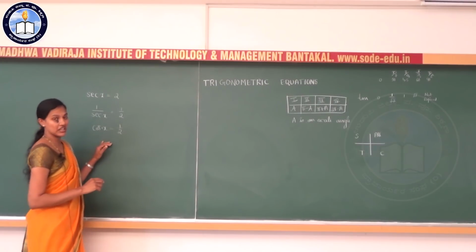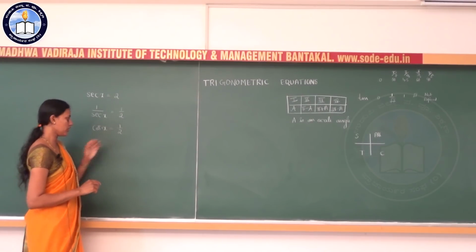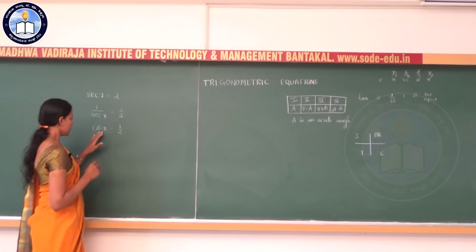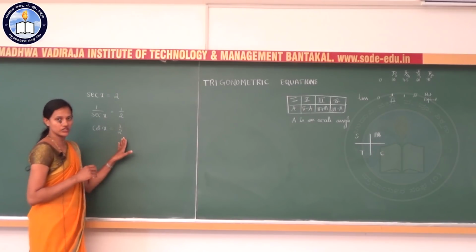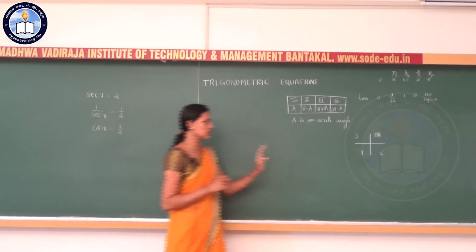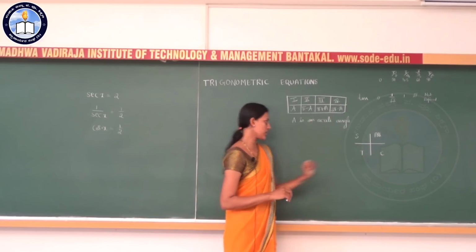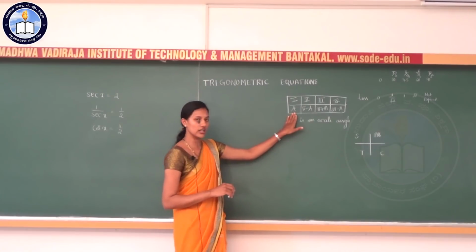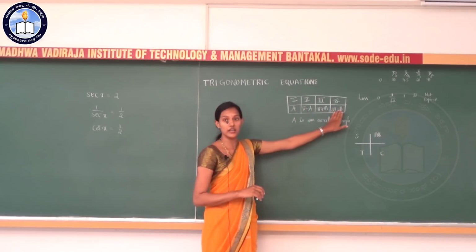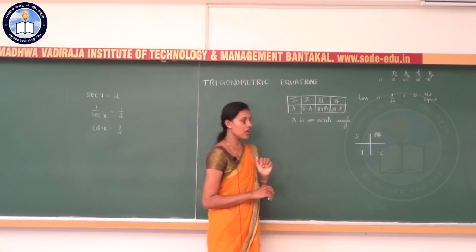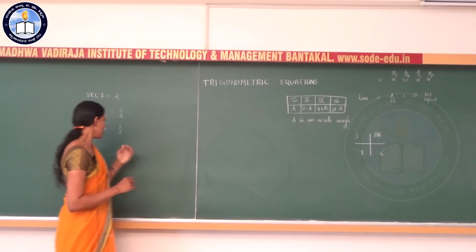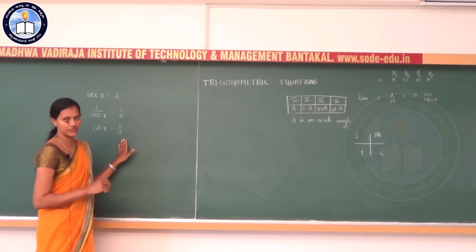Now we would like to find the principal solutions of this equation. First of all, cos is positive. In which two quadrants cos is positive? In first and in the fourth quadrant. So it is the acute angle and 2 pi minus the acute angle. Which is the acute angle here? Cos x is equal to half.